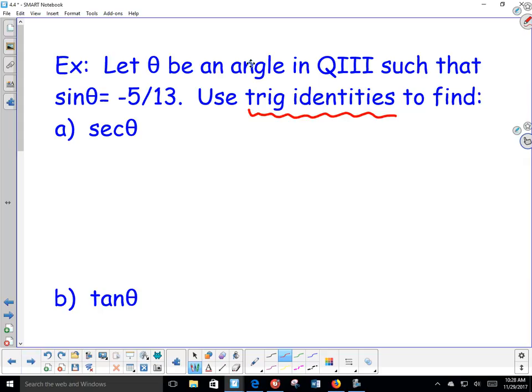For this example, let theta be an angle in quadrant 3 such that sine of theta is -5/13. Use trig identities to find secant of theta and the tangent of theta. So this time we're not going to draw a picture of a triangle in quadrant 3. We're going to use trig identities.